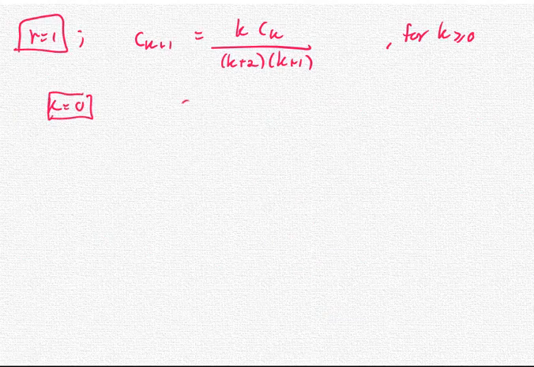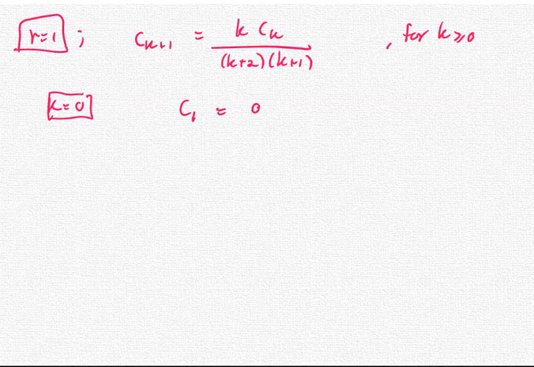If k equals 0, we get c_1 equals 0. How nice. Would that work out? We'll see.